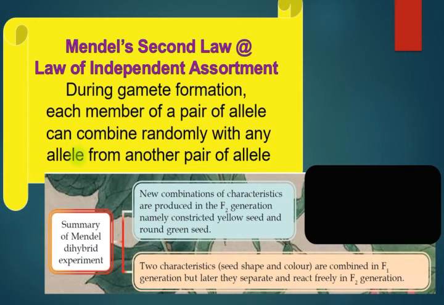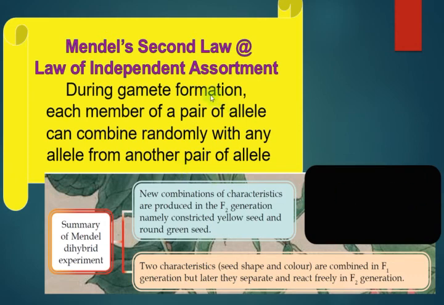During the formation of the gametes, any allele for the seed shape can pair with any allele for the seed color. So that shows Mendel's second law, or the law of independent assortment.